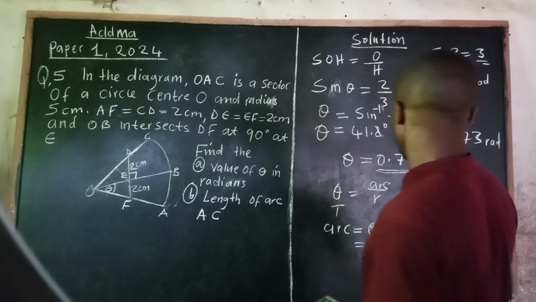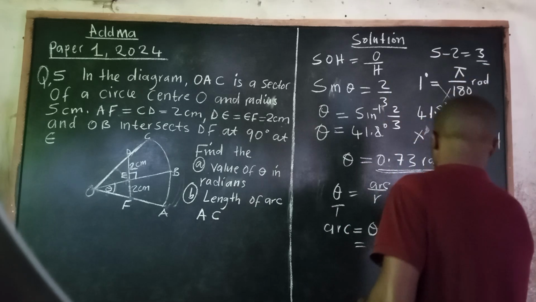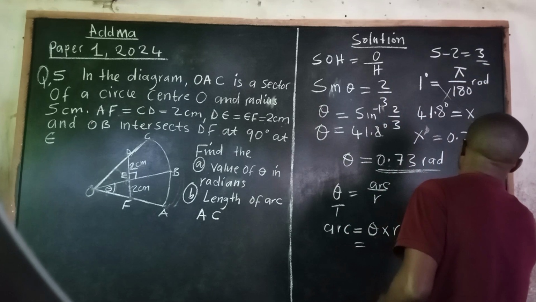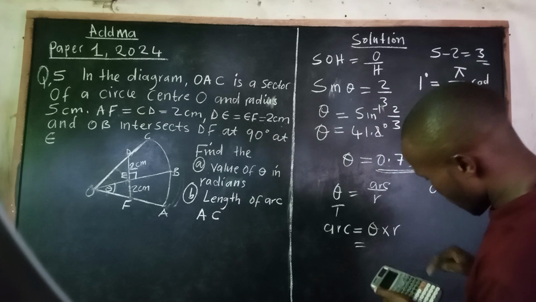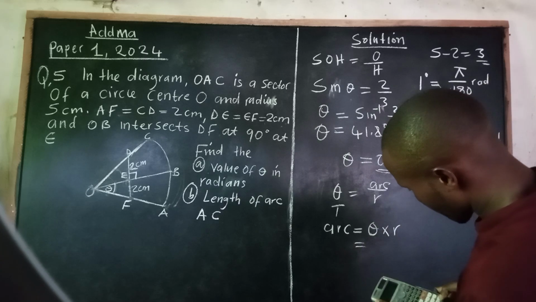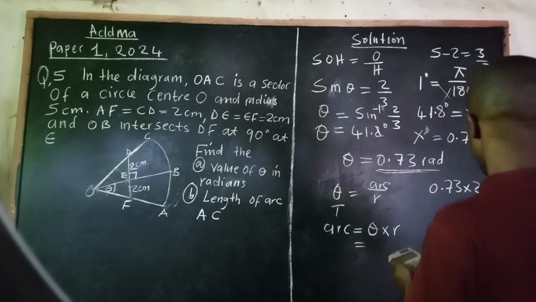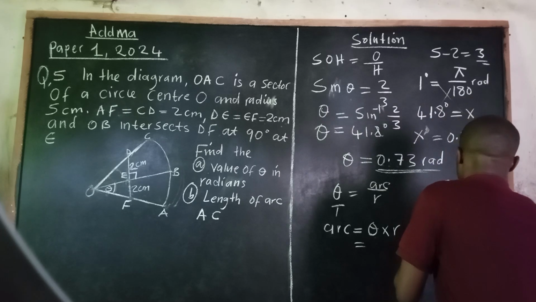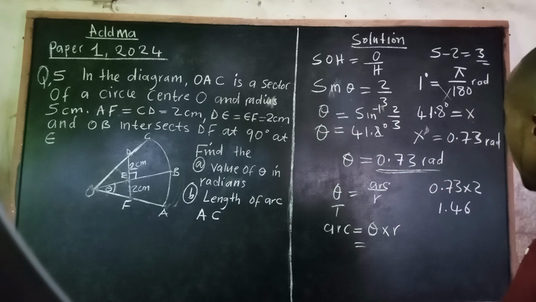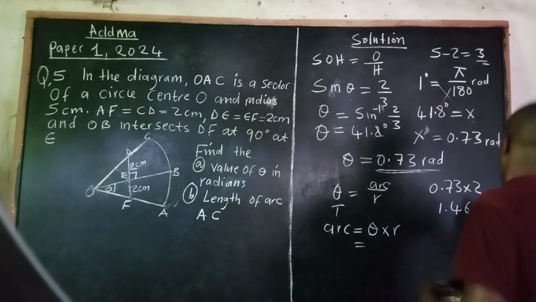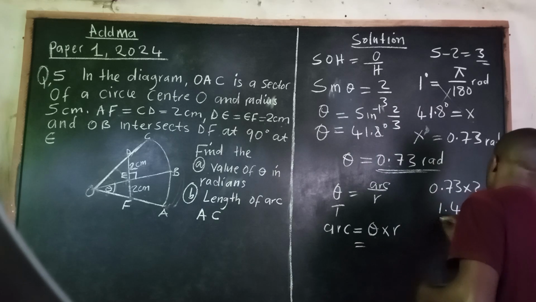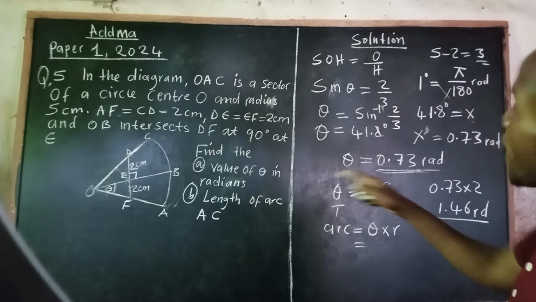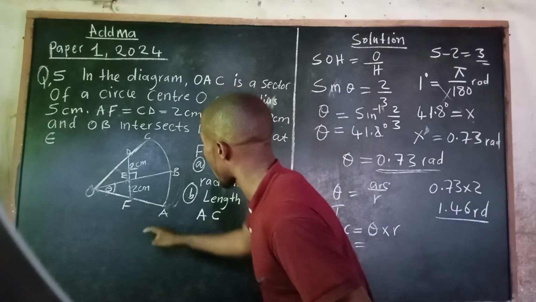Okay, so now 0.73 times 2. What is the answer? The answer is going to be 1.46. We are going to round off. So 1.46 is the one that we are going to substitute where there is a theta when finding the length of an arc.